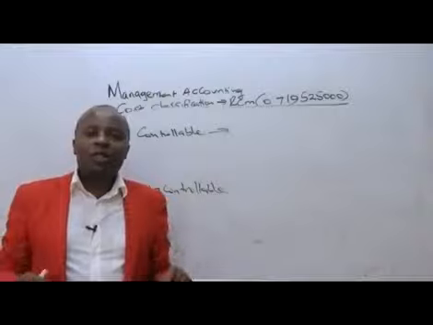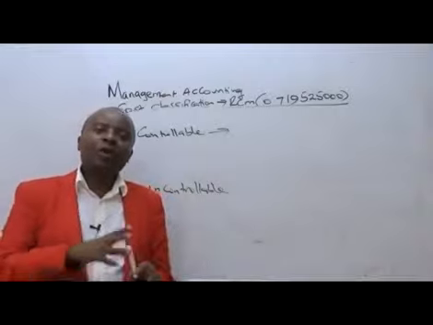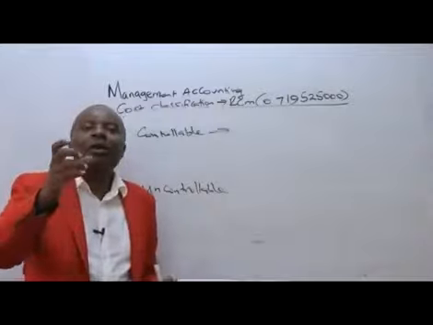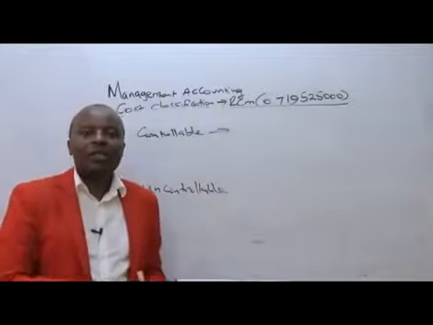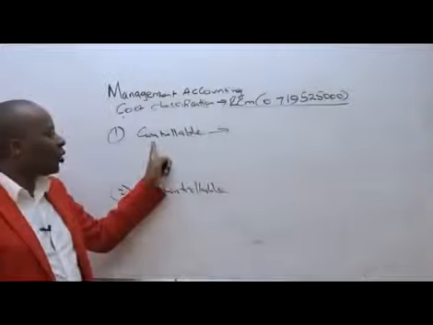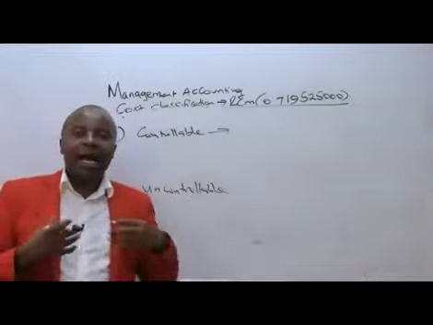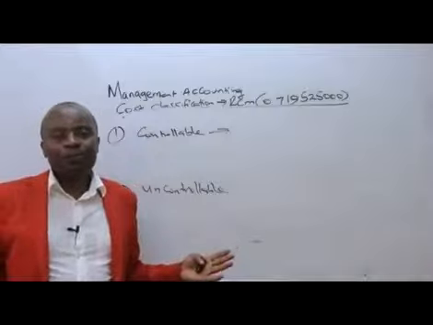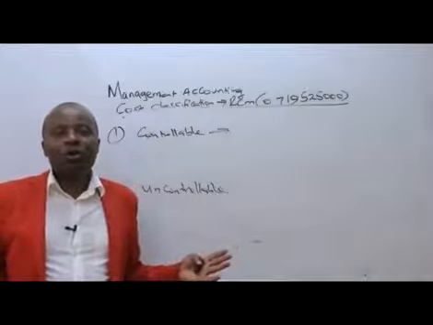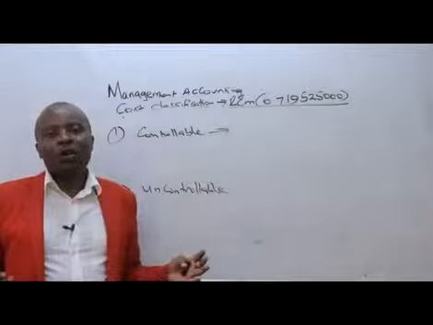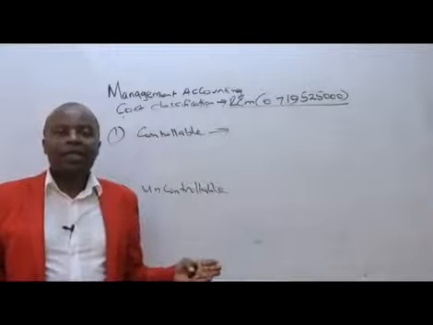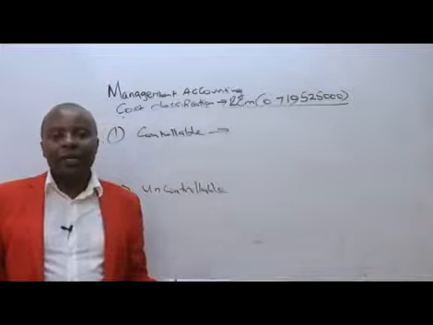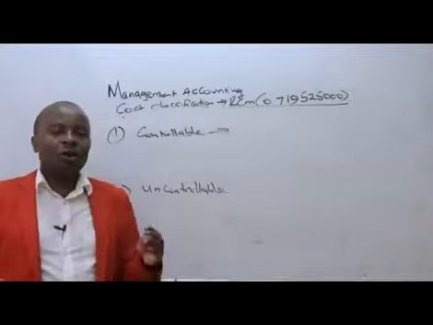There are those costs that, if we say we are going to squeeze them, reduce them, or even make them zero, we don't incur them. Such costs will be called controllable, because it is us to determine whether they will be incurred or not. They are costs which are at the arm's length of the management. So it is the management that is going to decide whether they will be incurred or not.